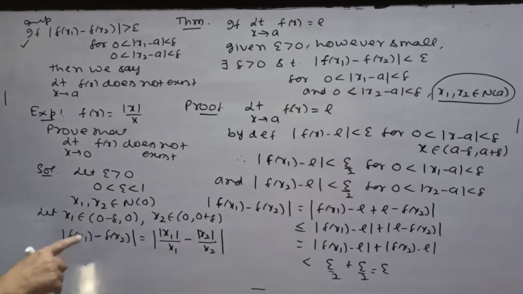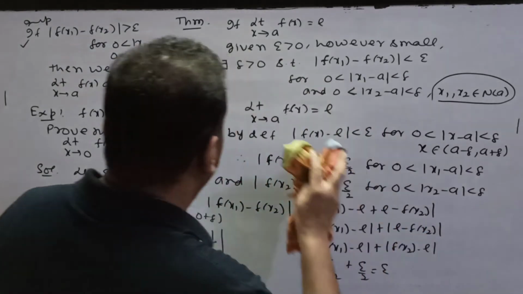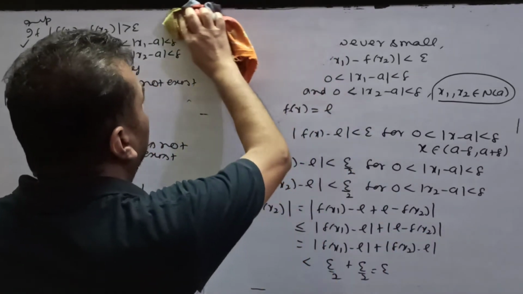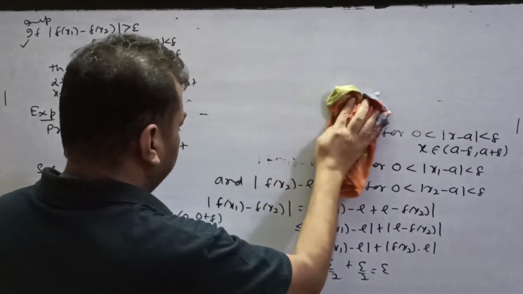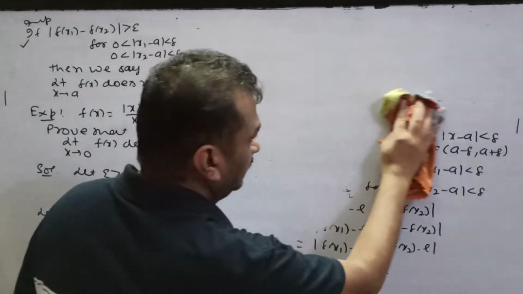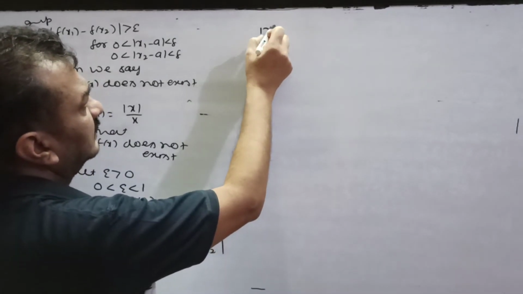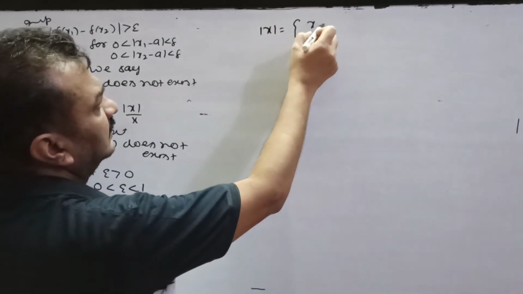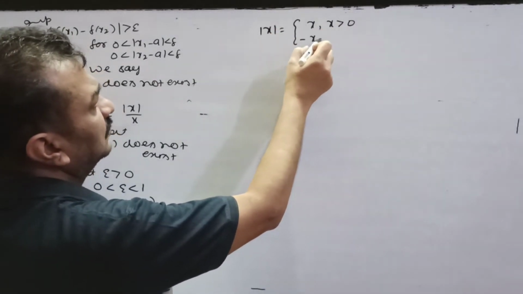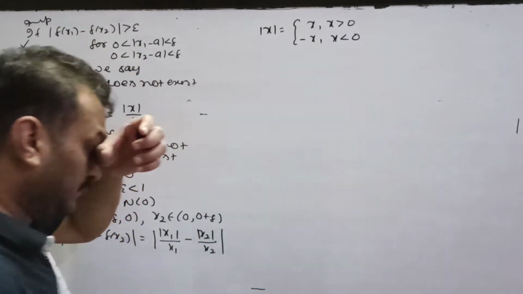Clear? x1 belongs to the left neighborhood. We know that |x| has two values: x when x is greater than 0, and -x when x is less than 0.